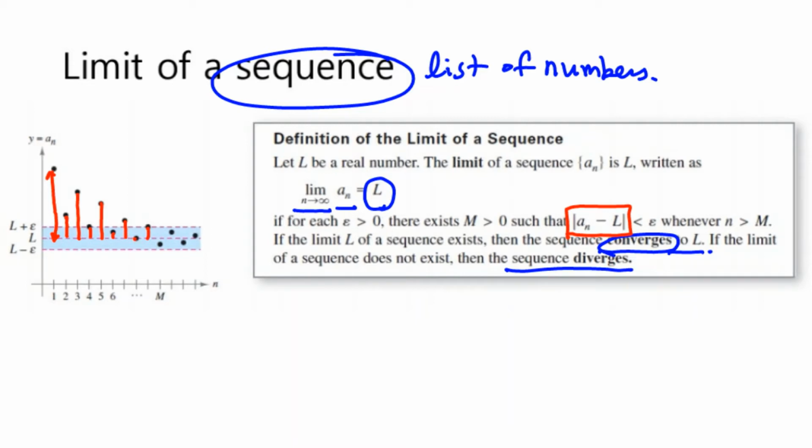If that is smaller than epsilon, and epsilon means just some small number, so the difference is very, very small, then we say that the sequence converges.